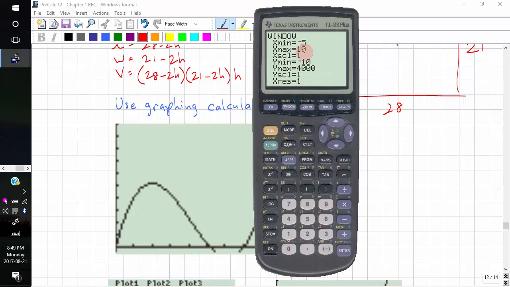Our domain is h has to be greater than 0. Because if it's less than 0, we would have a negative height, and that doesn't make sense. If our domain went up to 11, this is 2 times 11, that's 22. 21 minus 22 gives us a negative width, so that's not right either.